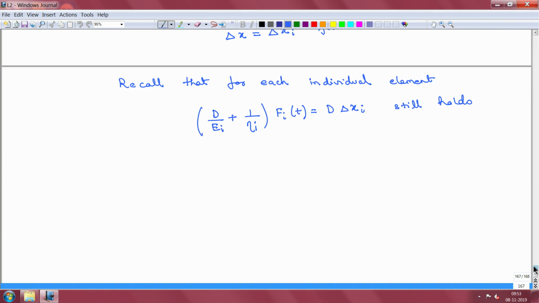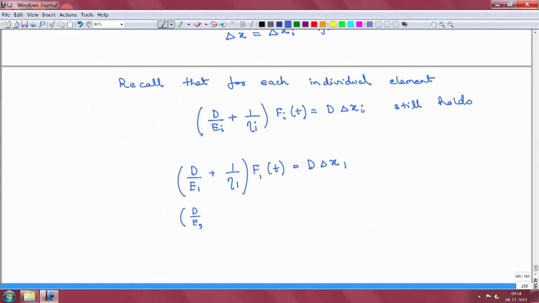So, let us try to see how we can solve this set of equations. I am just going to rewrite this, and I am going to say that this corresponds to a set of differential equations. So this is for the first element, then you have one for the second element. I am just expanding the equation that I wrote before.